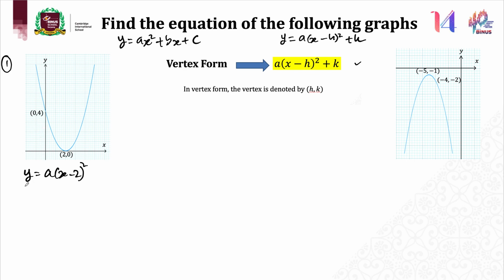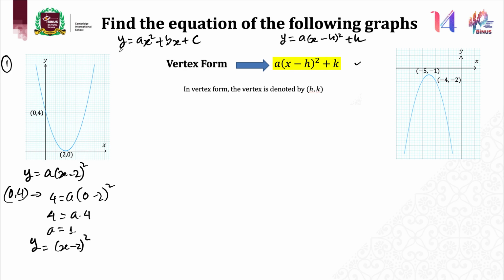Okay, so 0, 4 is also part of the graph. So when you substitute 0, 4, then you will have 4 equals a times 0 minus 2 squared. That will give a times 4, is it? So a equals 1. If a equals 1, then the vertex form will be y equals x minus 2 squared.